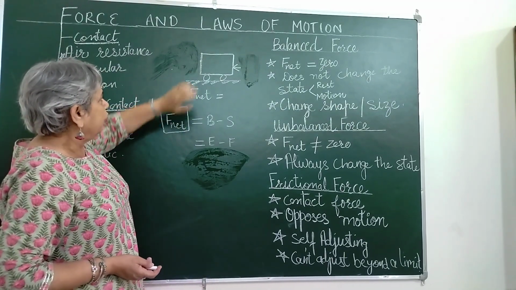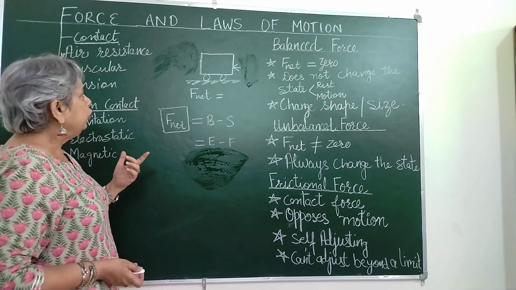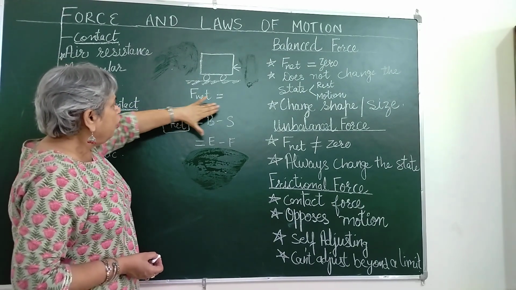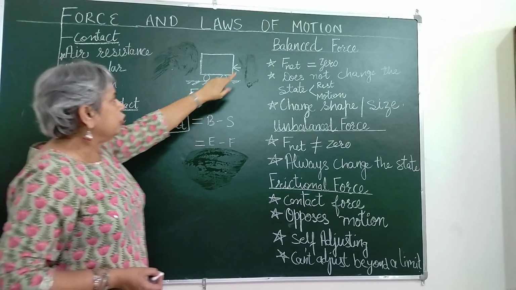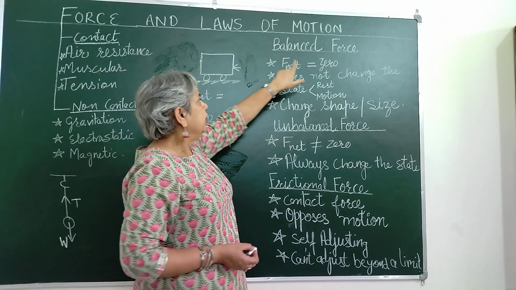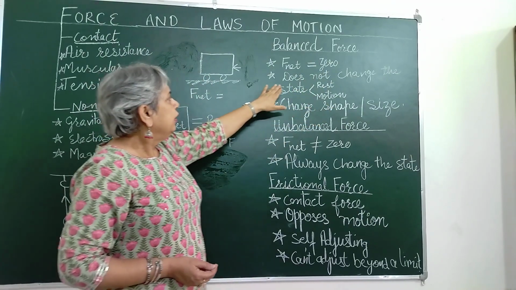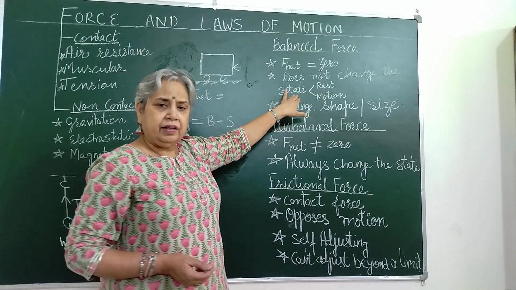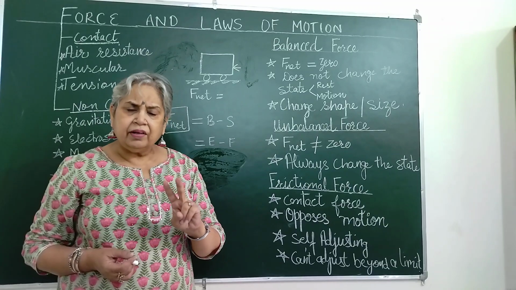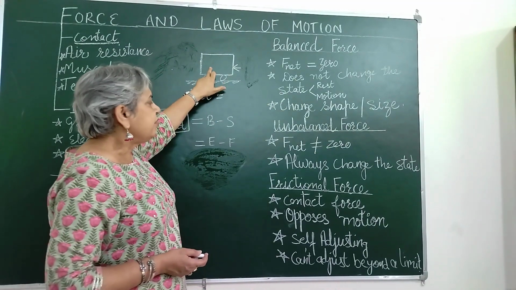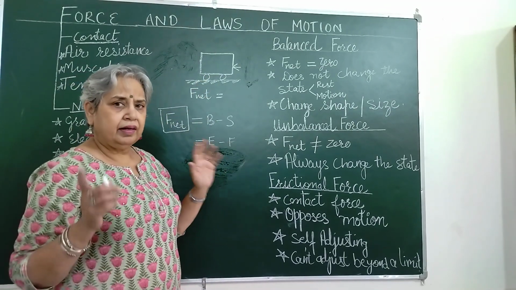Now we saw that both the forces were the same. So the forces were balanced. Net resultant force was 0 and it doesn't change the state. Now the states are basically two, rest and motion. So if this was at rest, it remained at rest.